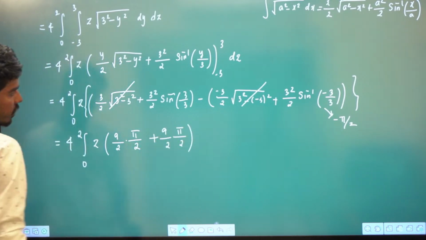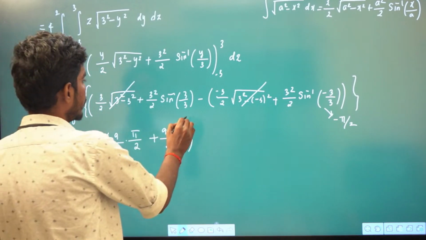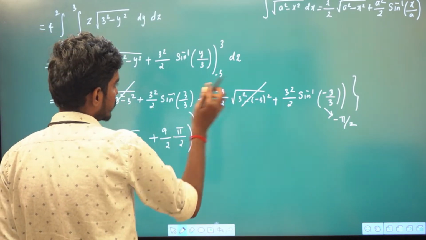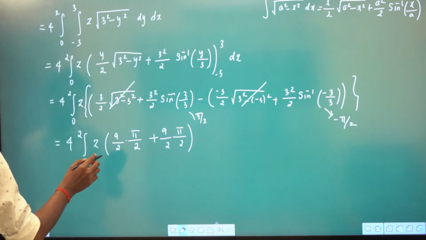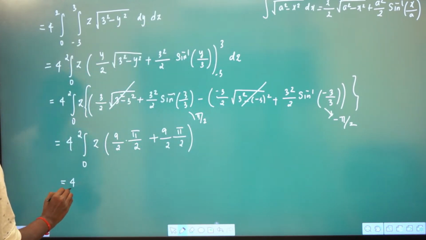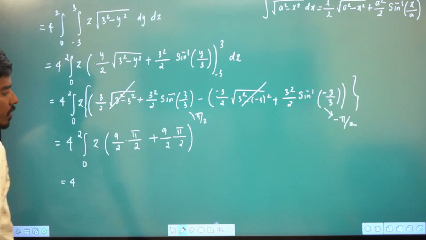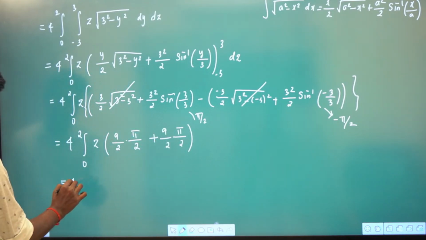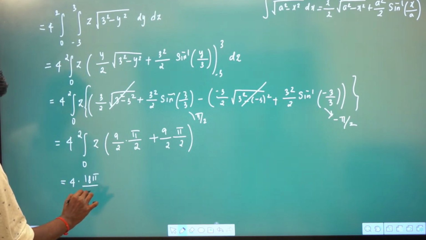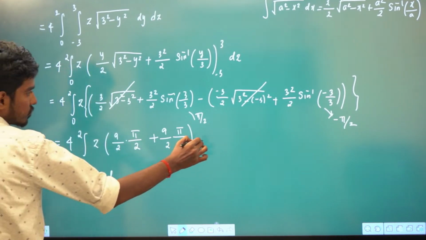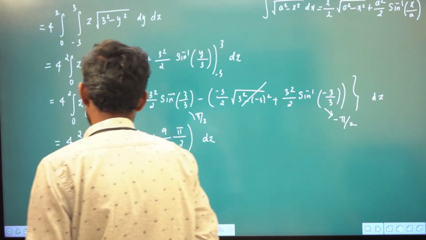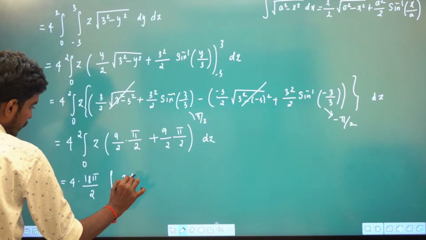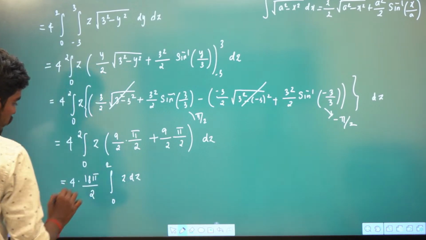Is it clear? Sine inverse of 1 is pi by 2. This is minus pi by 2. So if you take minus out, it will be plus. So this will be 4 times, 9 pi by 2 plus 9 pi by 2. So it will be 18 pi by 2, right? So I can take that outside. We have dz left. So we have z dz, z varies from 0 to 2.